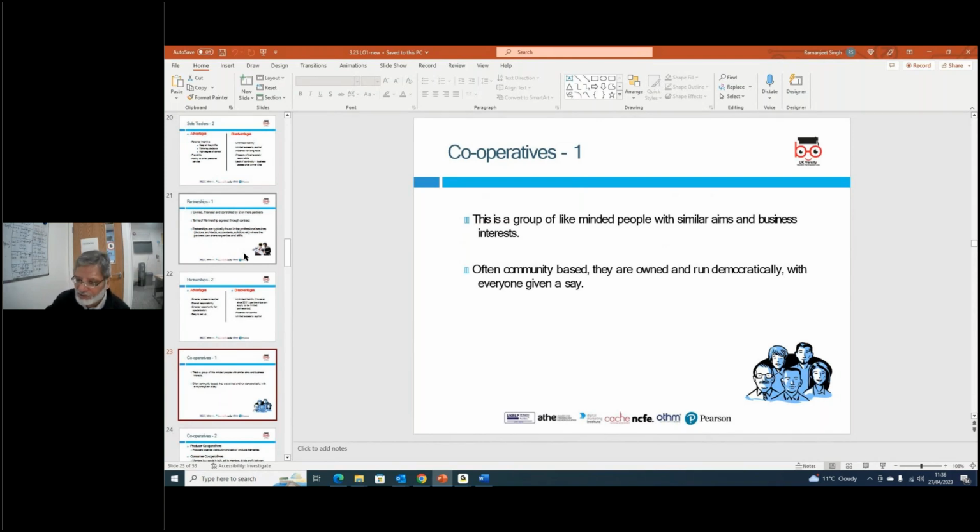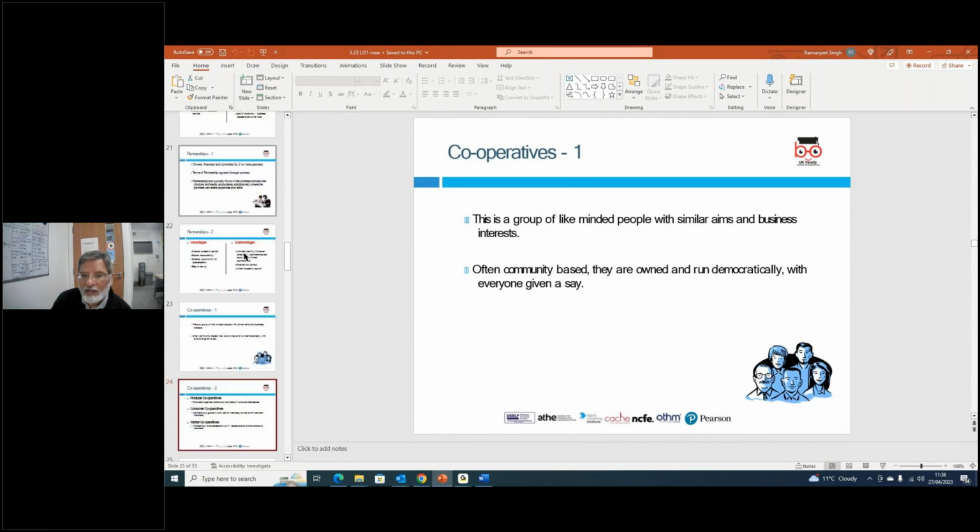Whatever profit they make, they share amongst themselves. That's the idea of being a cooperative. The members work and they get a share of the profit.